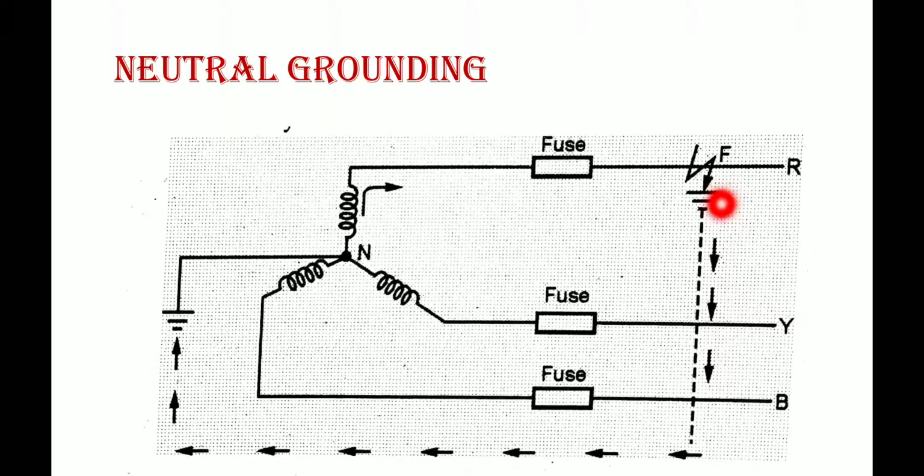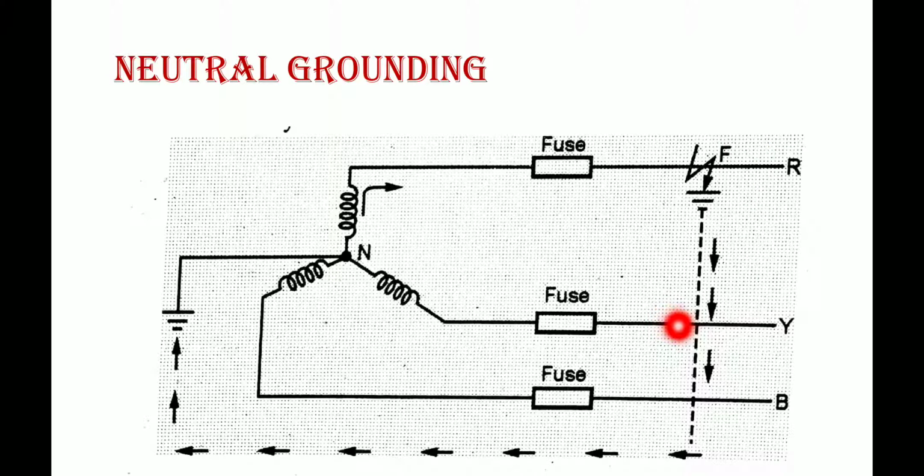Note that the current flows from the R phase to the earth. Just see the direction we have shown: if the fault has occurred on the R phase, the current flows from the R phase to the earth itself.